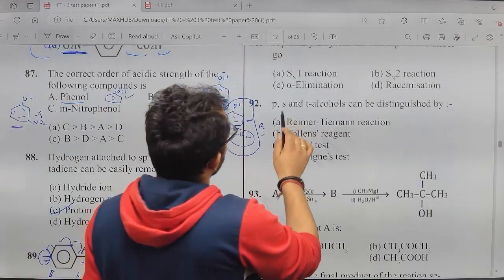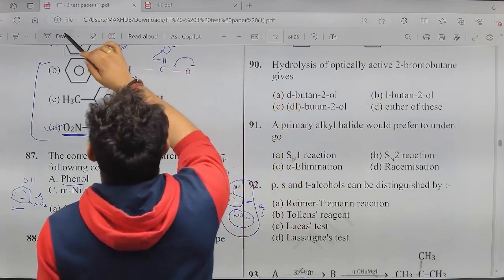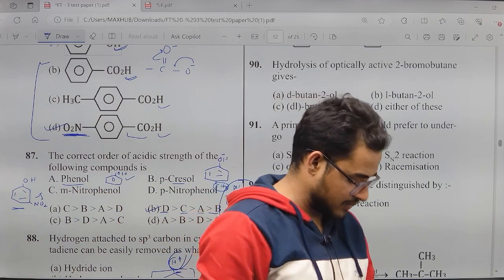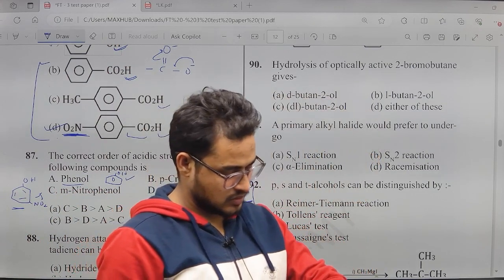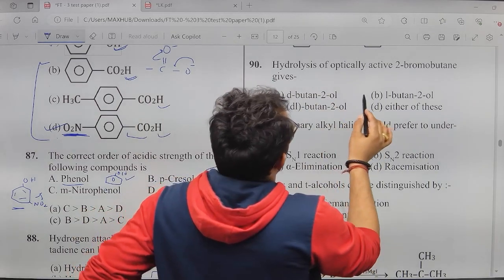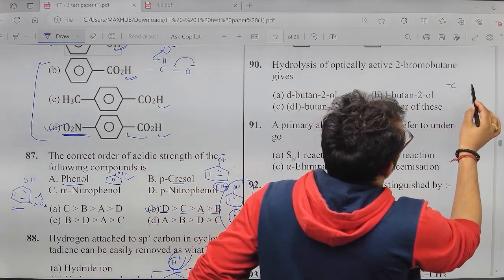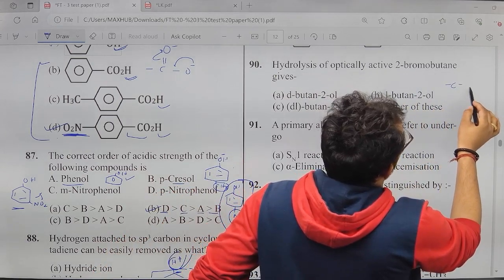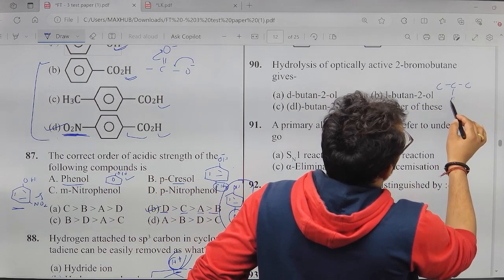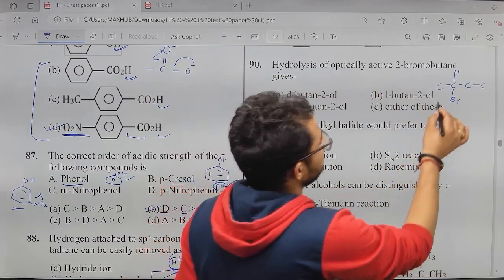Now next, hydrolysis of optically active 2-bromobutane. So you can see this carbon is optically active.